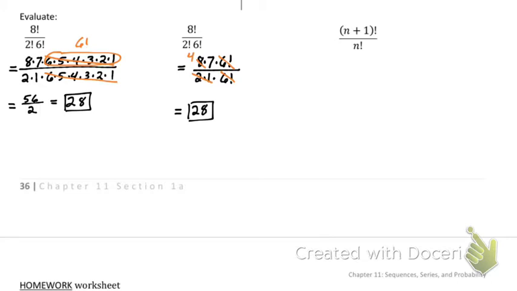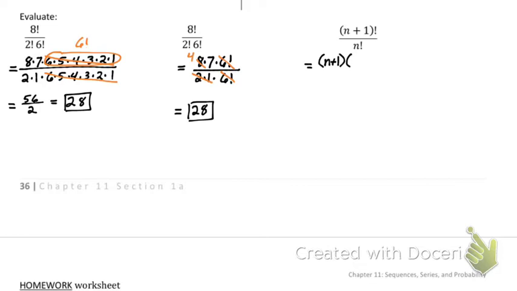And what we're going to rewrite it as is n plus 1 times 1 less. What would n plus 1 but 1 less be? Yeah, it would just be n.